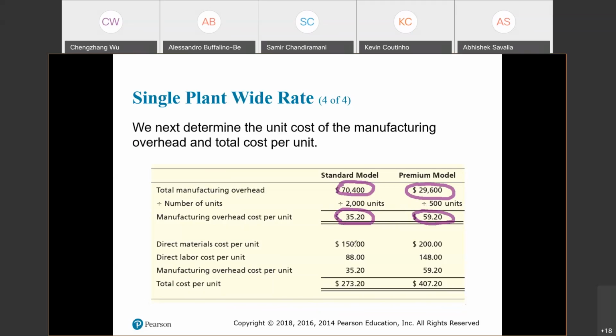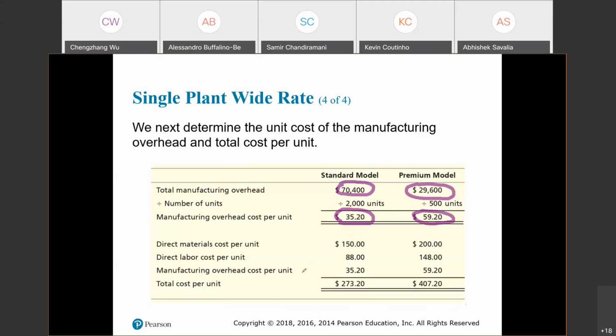In this way, we can know the total cost per unit. Direct material can be easily known. Direct labor can also be easily known.